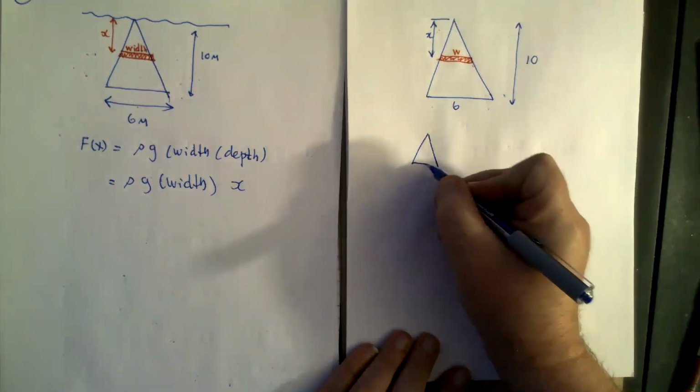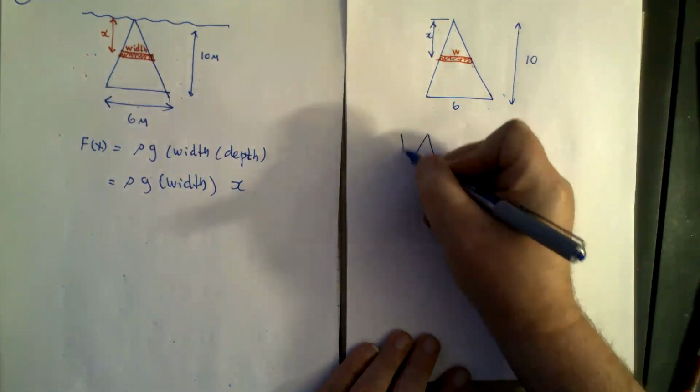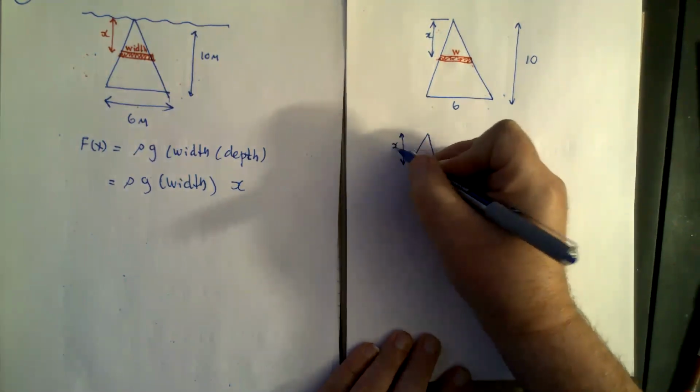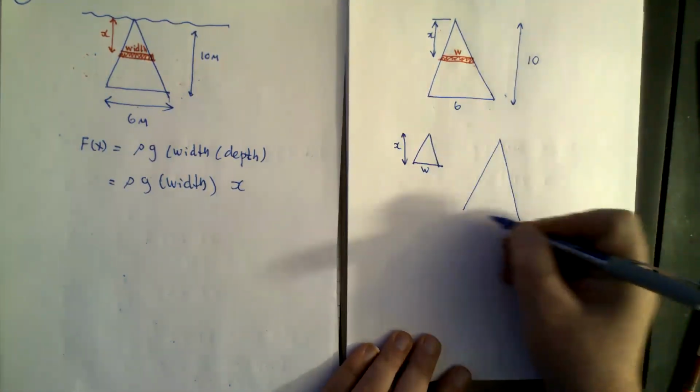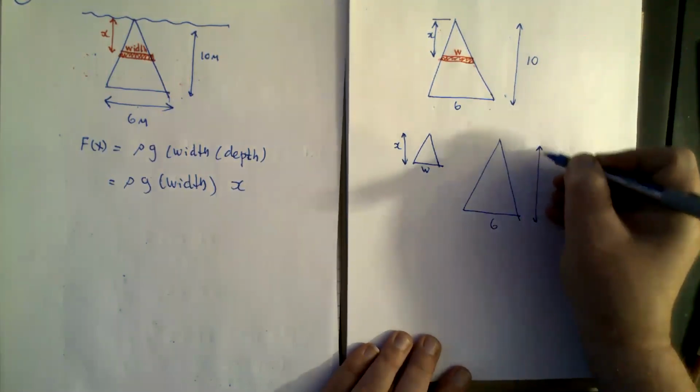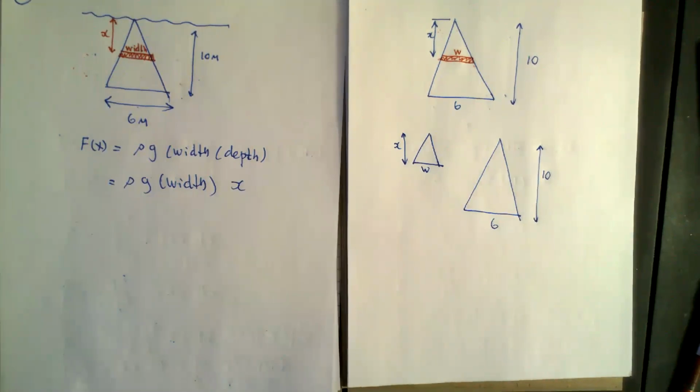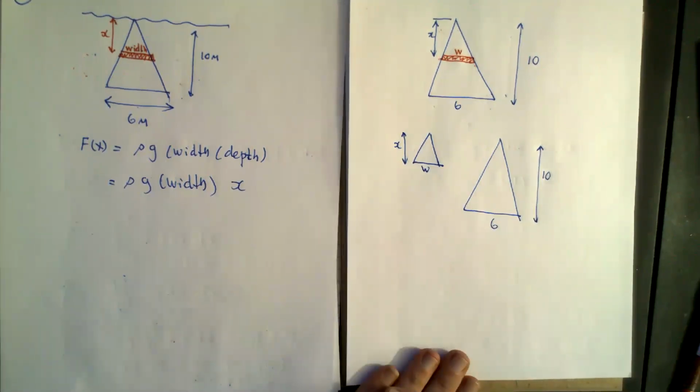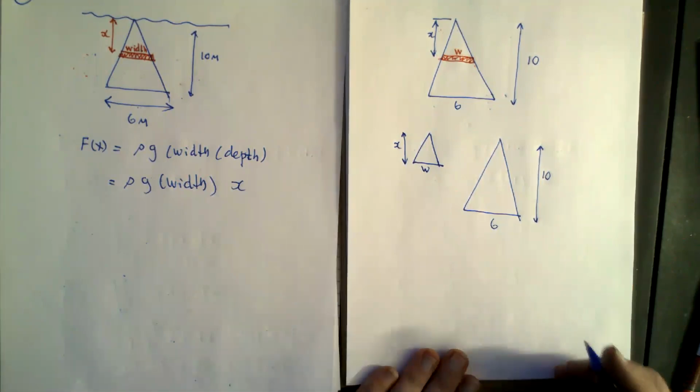I have a little baby triangle where that distance is W and that vertical distance is X. And I have a really big triangle which is similar in shape, but whose dimensions are 6 and 10. According to the properties of similar triangles, corresponding sides are in equal ratio.